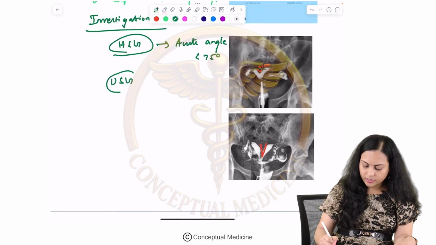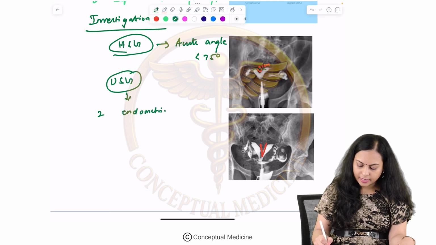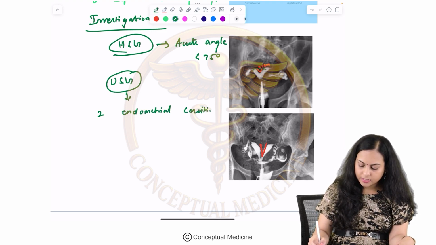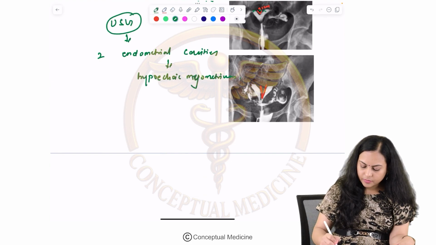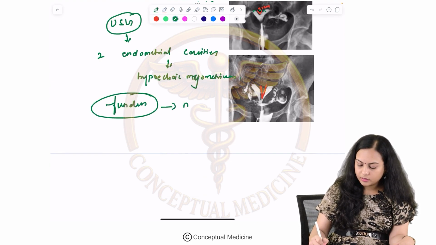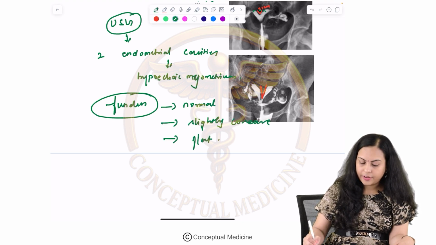In USG you will be able to see two endometrial cavities that are separated by a hypoechoic myometrium, and the fundus is normal. But sometimes it can be slightly concave or it can even be flat.